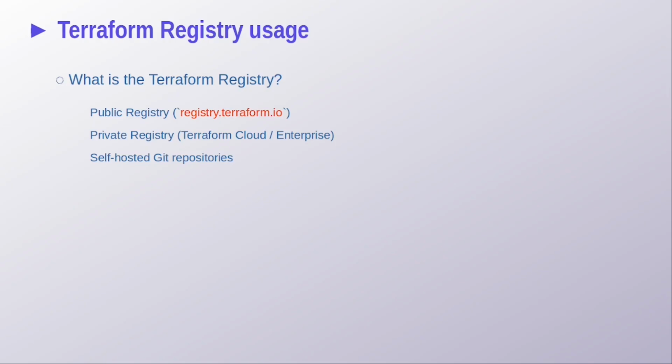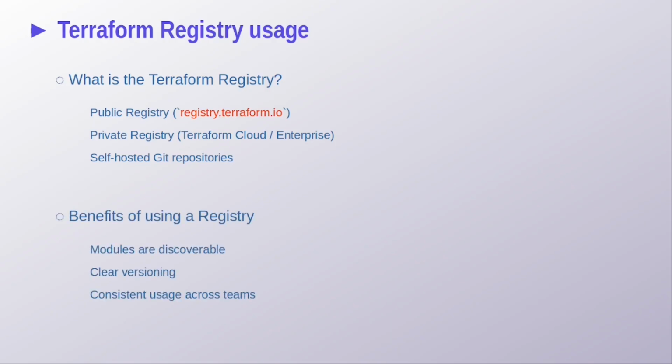Next, the Terraform Cloud private registry. And next, a Git repository. Why do registries matter? They make modules discoverable, versioned, and consistent across the team.